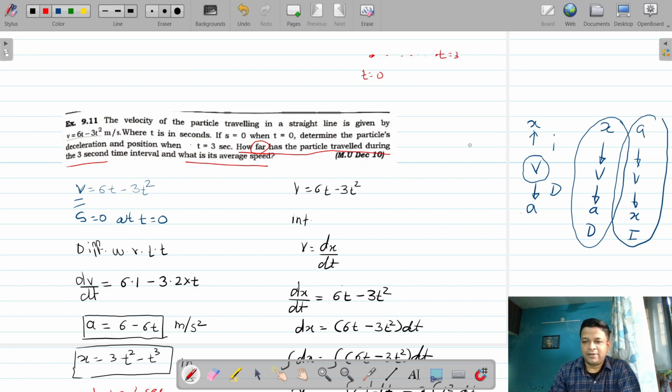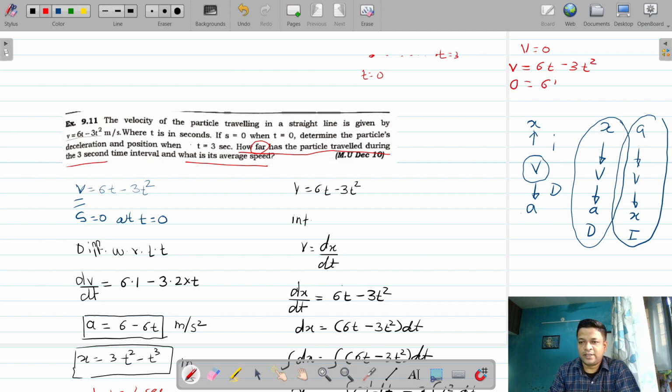So for that, we'll consider v is equal to 0. I'll write here v is equal to 0. So here we get the equation as v is equal to 6t minus 3t square. So I'll put v is equal to 0 here.